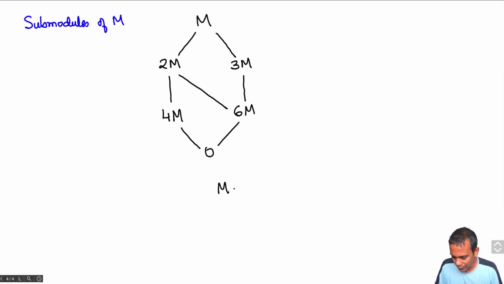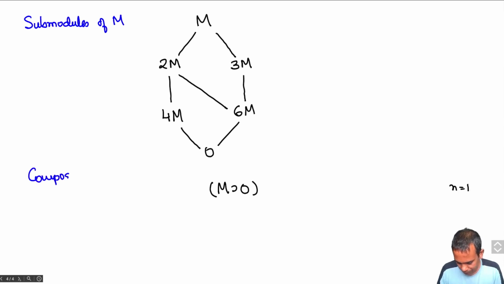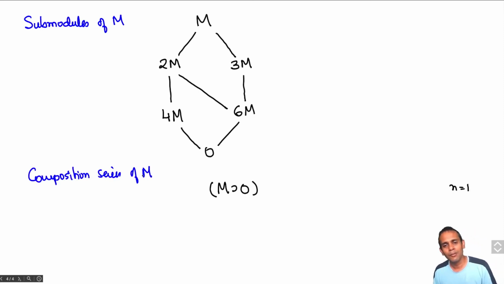You have M contains 0. So this is a composition series with n equals 1. Every composition series will be a refinement of this most trivial, smallest composition series.